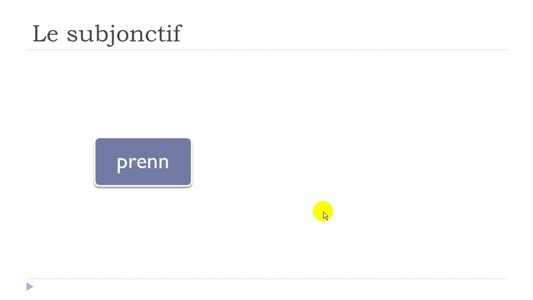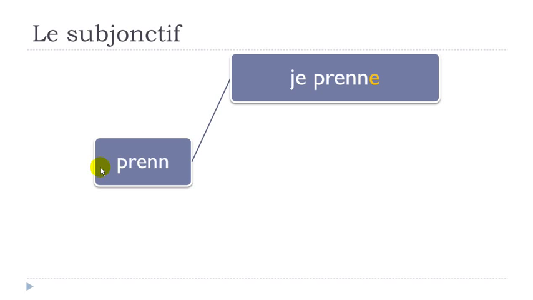And so what we'll do is we'll take this first part, okay, so the part that we took away from this ils form, all right, and then we'll put je. Je, so we take it back, have a look, it goes here, and we put the ending.